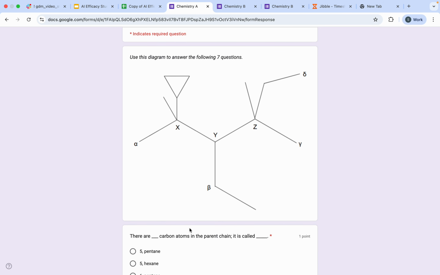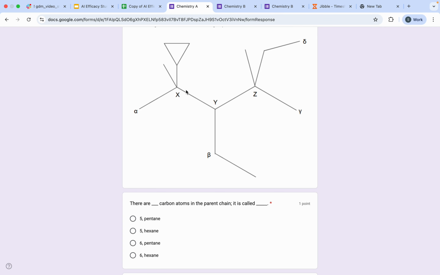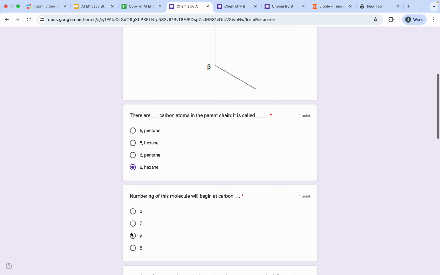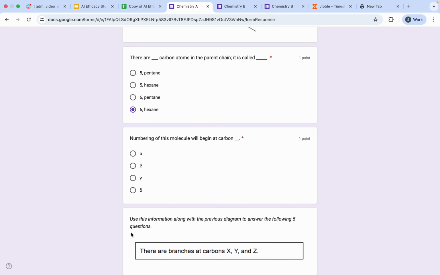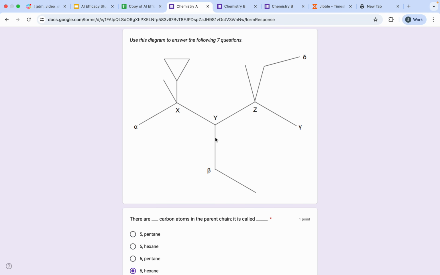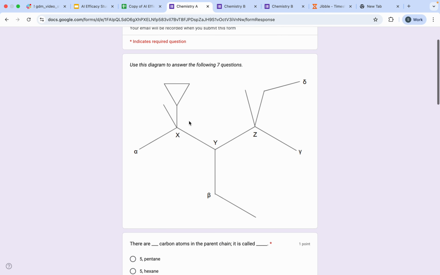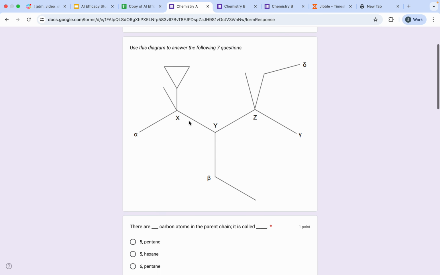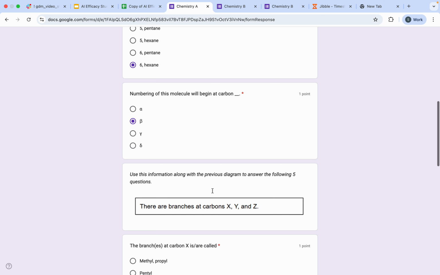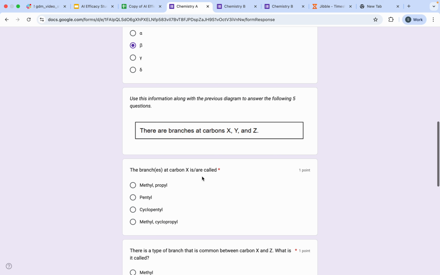So they are called dash hexane. Numbering of this molecule will begin at carbon beta. Use this information along with the previous diagram to answer the following 5 questions.